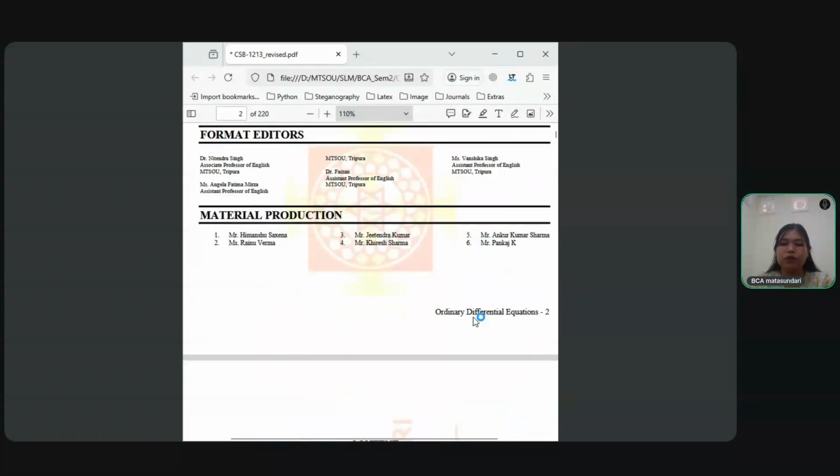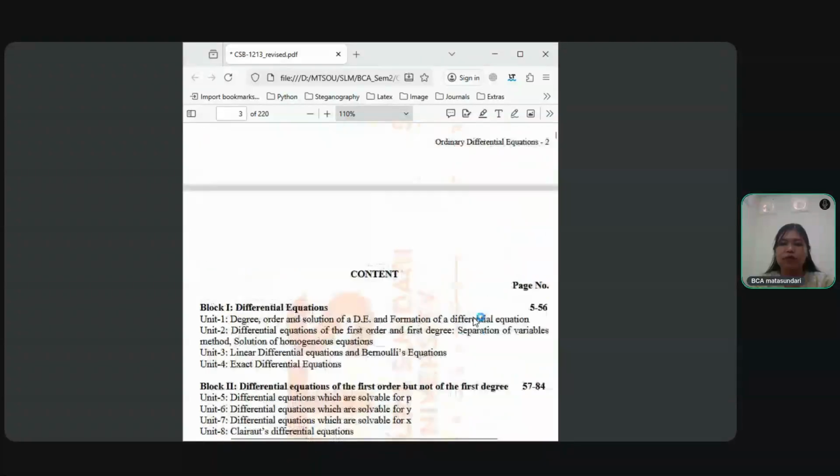Today we'll be starting our first block in differential equations. The first block consists of unit 1, unit 2, unit 3, and unit 4. Unit 1: degree, order, solution of a DE and formation of a differential equation.